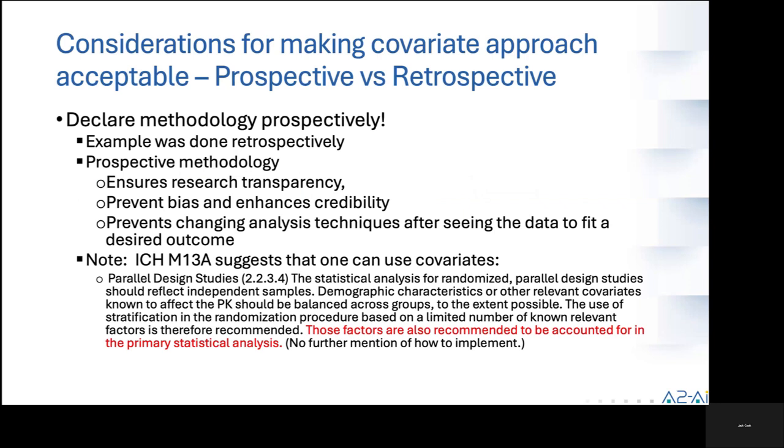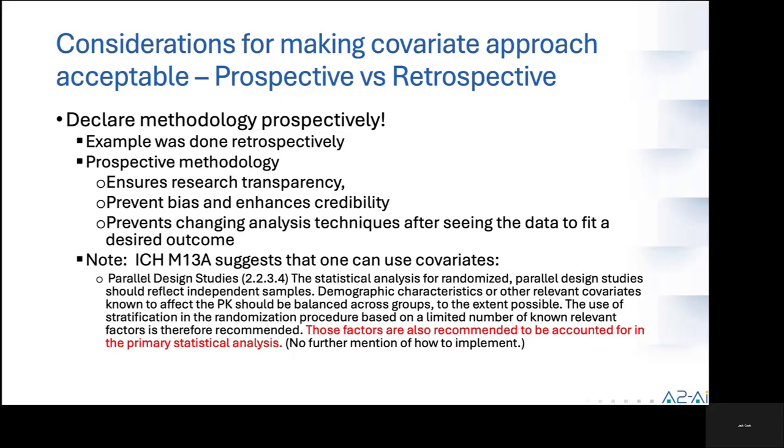The example I presented, it was done retrospectively. We examined the data through the normal method without using a covariate, and saw that those two groups differed in their results, and had to do some work to find out that indeed weight might be the culprit.